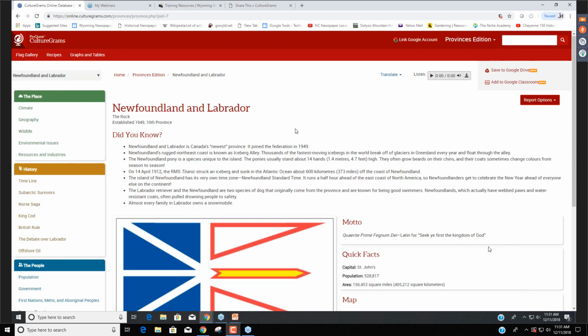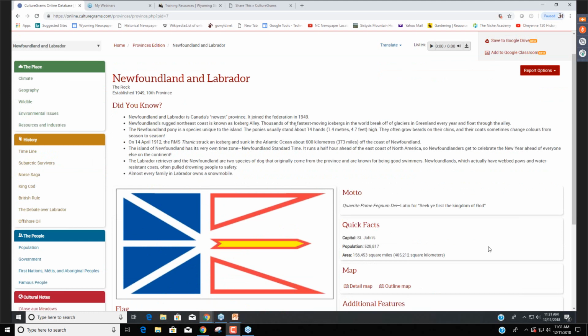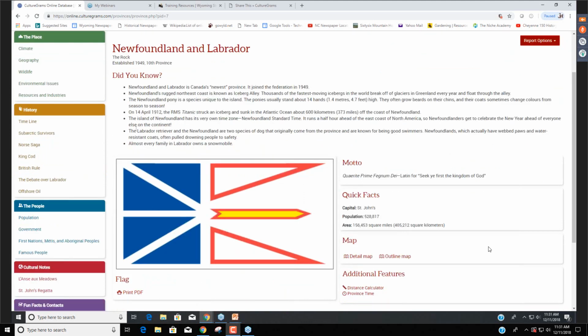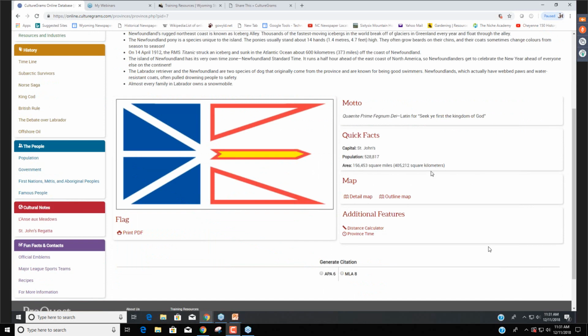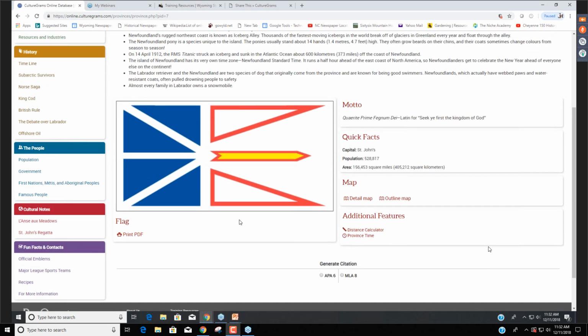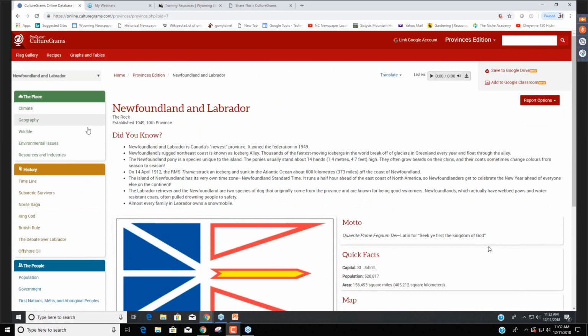Again, we have the Did You Know? And I didn't know the Labrador Retriever and the Newfoundland are two breeds of dogs that came from this province. They have their motto and some quick facts here next to the flag. And like we've seen for states and countries, place information, environmental issues is new to Canada.